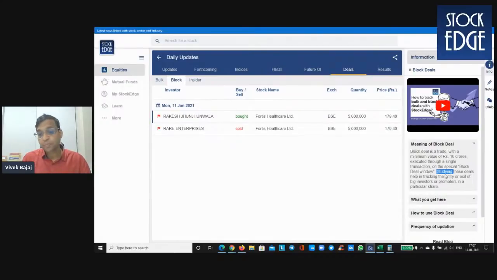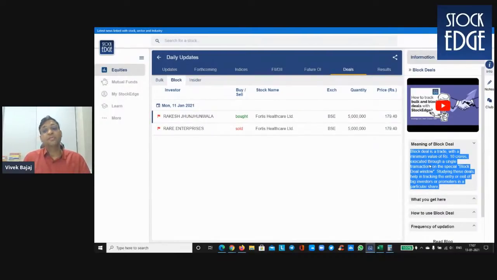What is block deal? Block deal is a trade with a minimum value of 10 crores executed through a single transaction on a separate block deal window defined by the exchange. So every exchange, both NSE and BSE, has a block deal window. Why is there a separate block deal window? Because if block trades are done in the main window, then prices will get distorted.